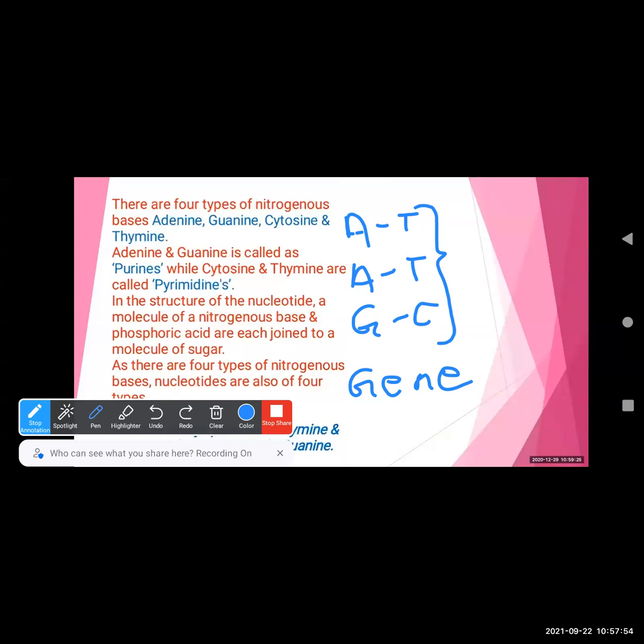For example, if we have to secrete a growth hormone, right? So this growth hormone is nothing but a protein. So it is going to be synthesized with the permission of the gene, and this gene is present on the DNA, and it is present in the coded form. And these 3 nucleotides are arranged in such a way that this 3 nucleotide combination is a gene, and it is responsible for the synthesis of one kind of protein.